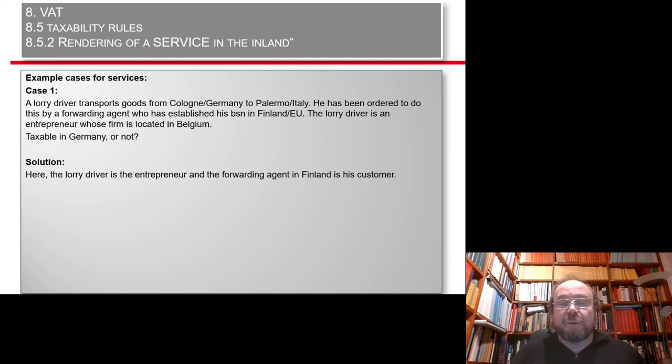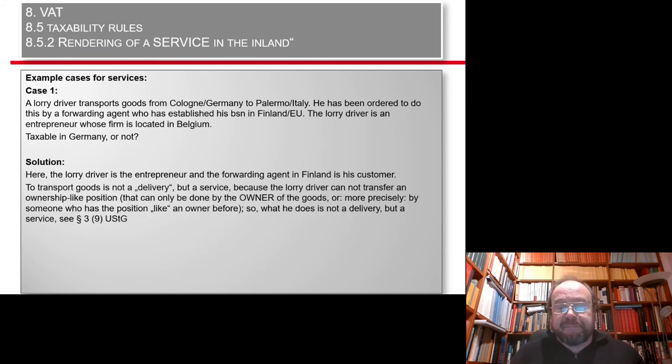We have to test number 1, and let's think who does what for whom. So who is supplier and who is customer? The lorry driver is the entrepreneur in the case, and the Finland forwarding agent is an entrepreneur, but here he is customer.